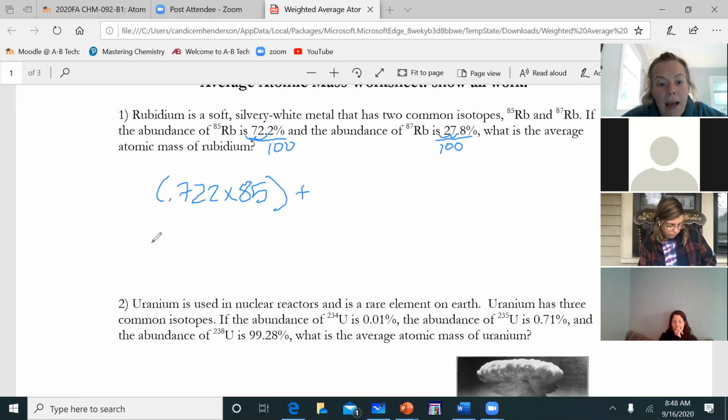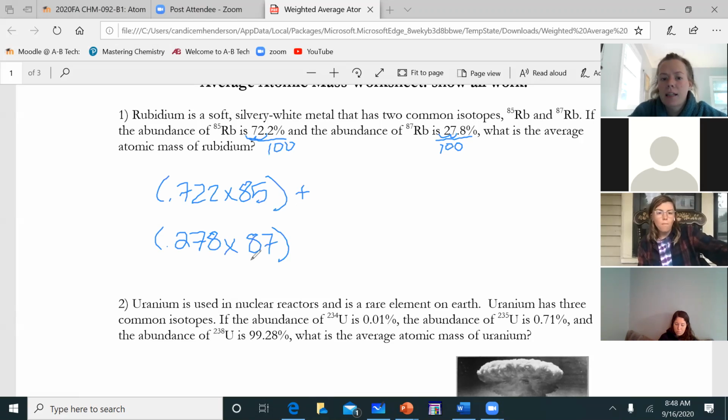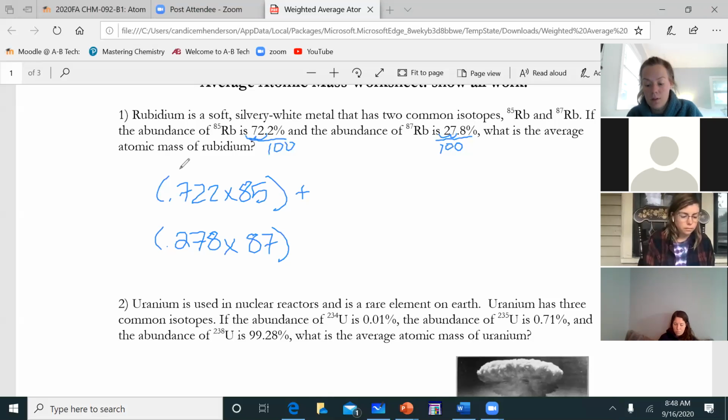We're going to add that to the second thing, which has a decimal percentage of 0.278 times 87. So most of this thing is 85, right? A little bit is 87. So my guess is that my number is going to sit closer to 85 than it would to 87, but it has to be somewhere in between those.